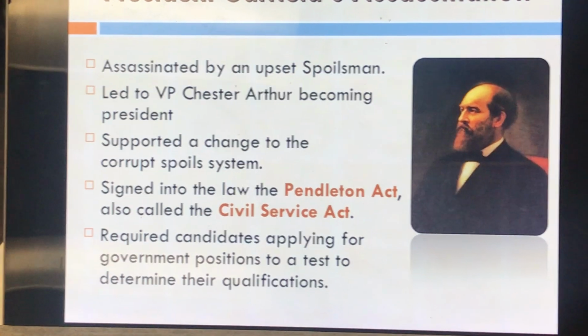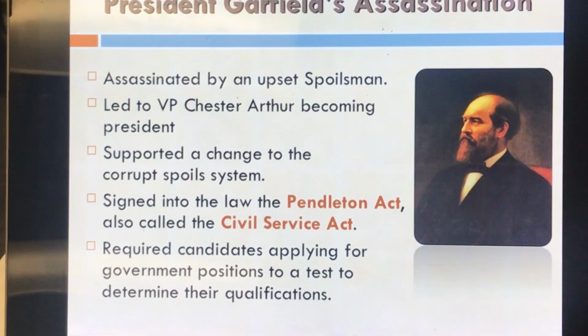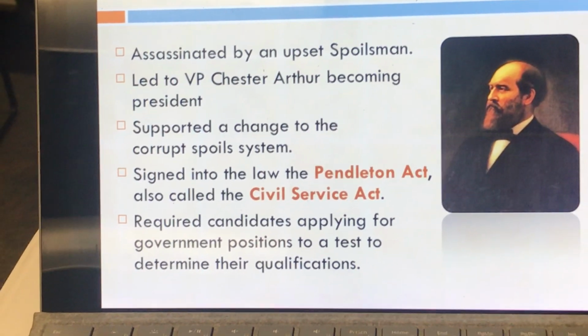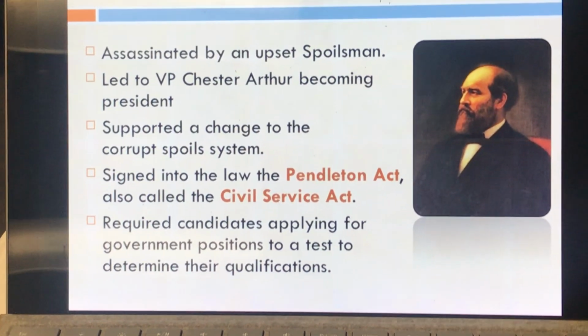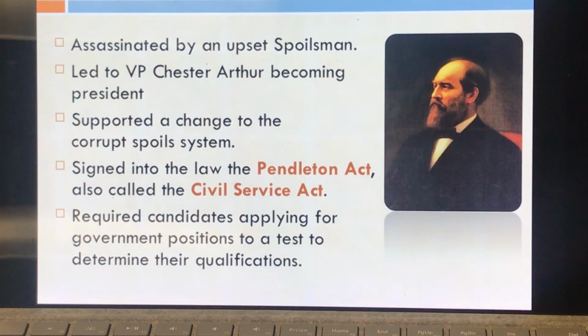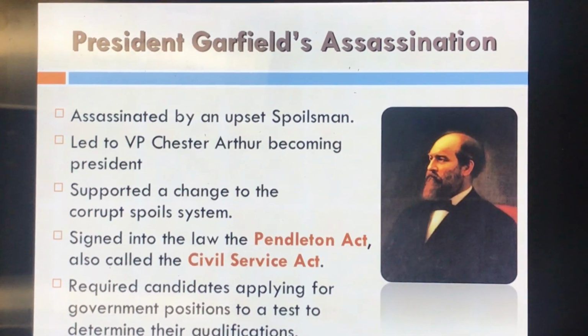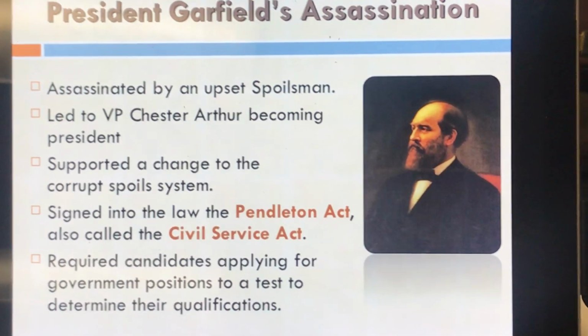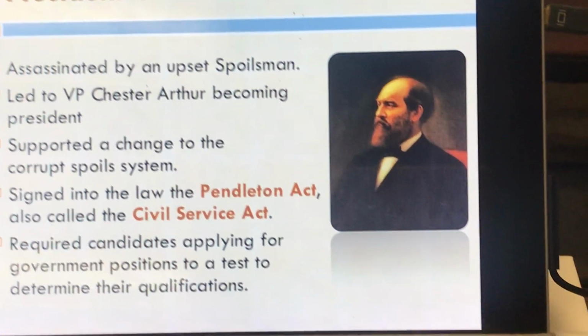Probably partially had to do with the fact that Garfield had been assassinated over the spoils system. And Chester Arthur decided he didn't particularly care to have that happen to him. He signed into law the Pendleton Act and the Civil Service Act, and what these did was require that you had to have certain qualifications to be considered and offered government positions.